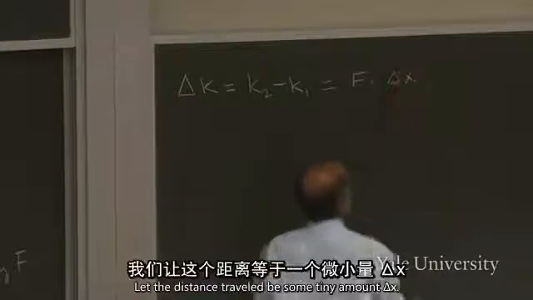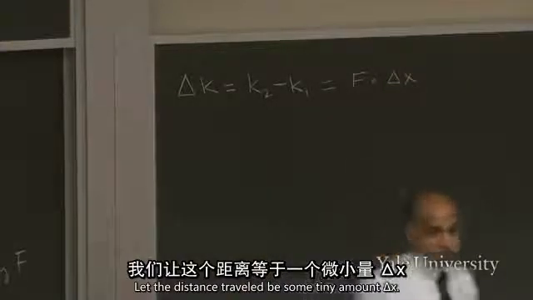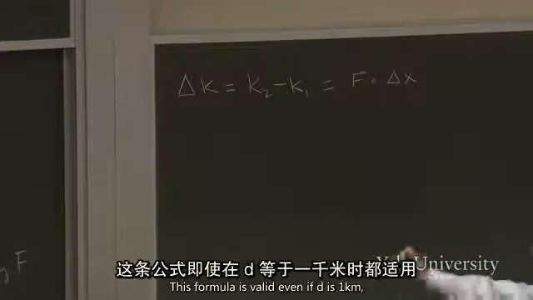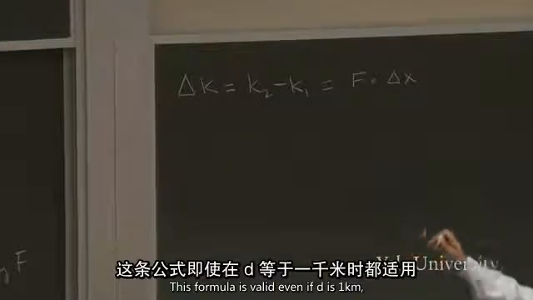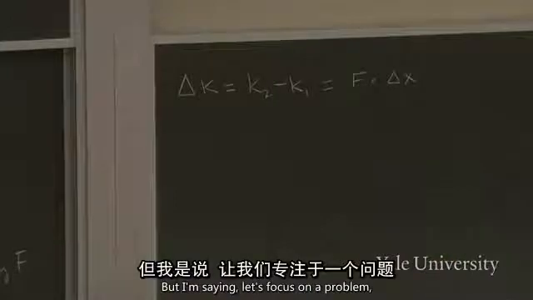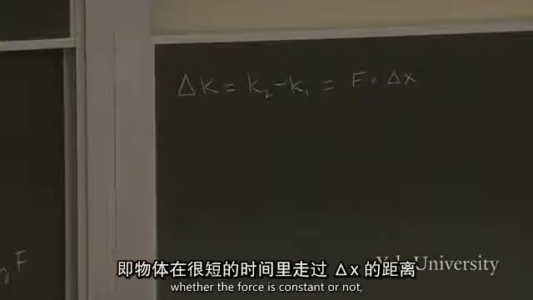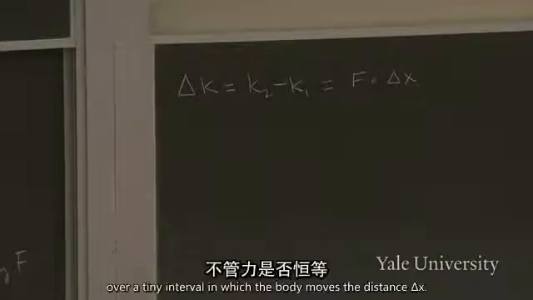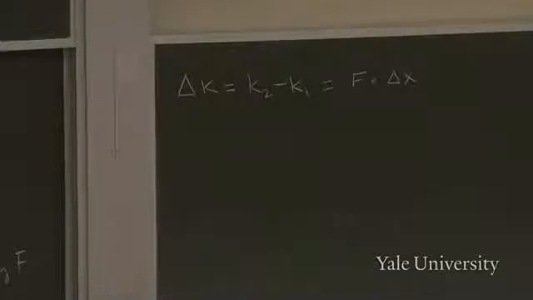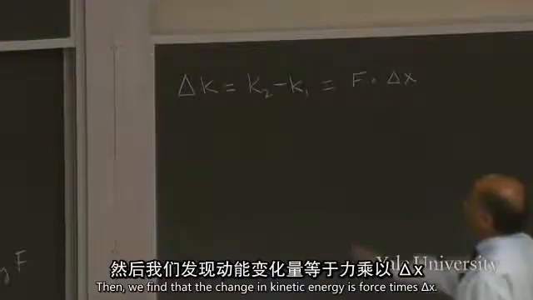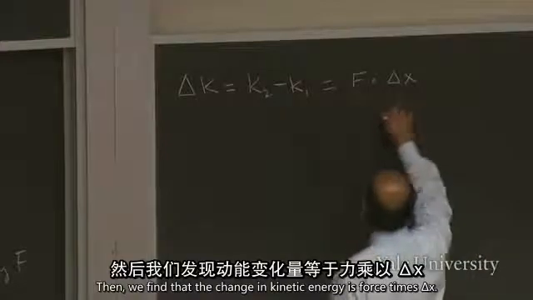Let the distance traveled be some tiny amount delta x. This formula is valid even if d is 1 kilometer, as long as force is constant. But I'm saying let's focus on a problem, whether the force is constant or not, over a tiny interval in which the body moves the distance delta x. Then we find that the change in the kinetic energy is force times delta x.